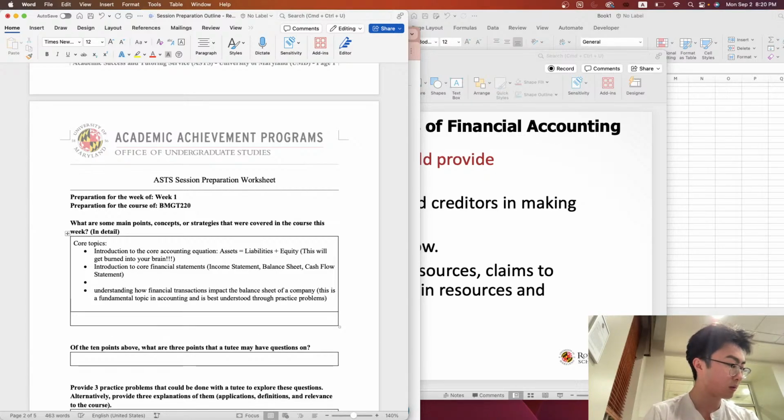Okay, so income statement: performance of the company through time.